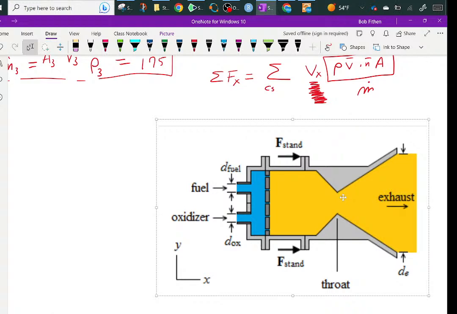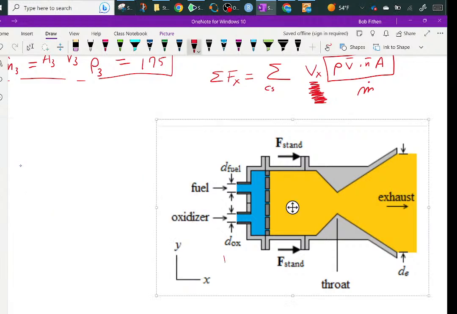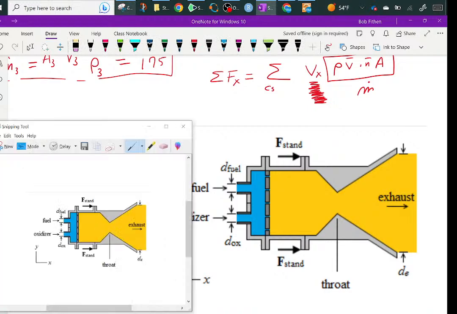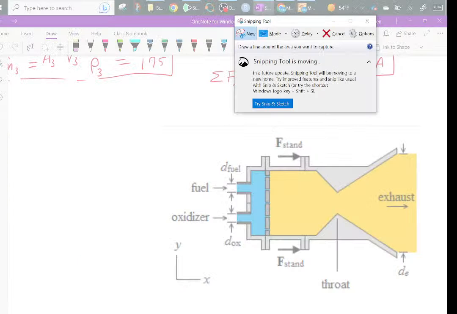I know what I'll do. I'll go in and take this snippet, and I think I could maybe do this, but I'm going to do it in the freeform mode.